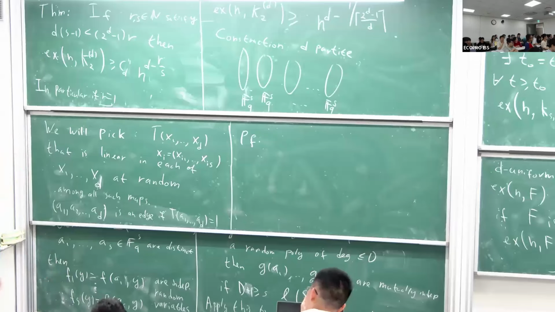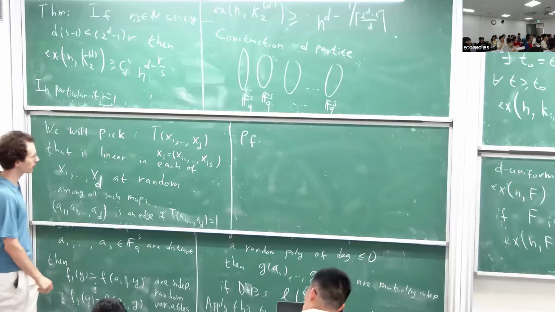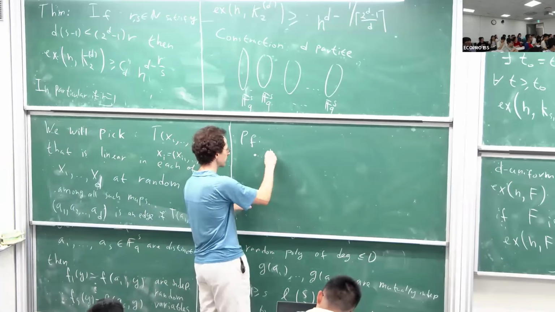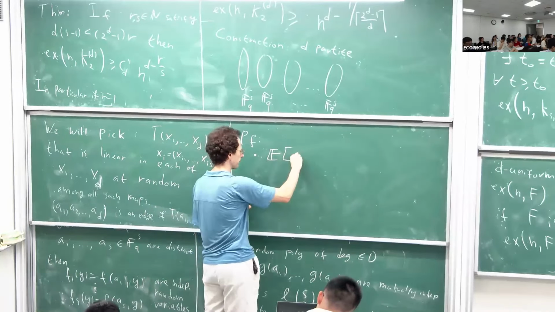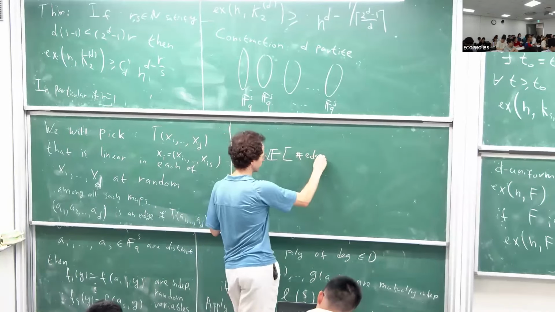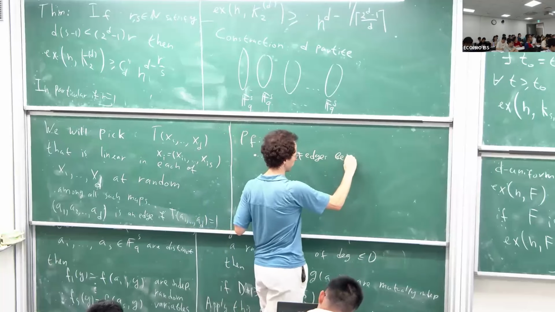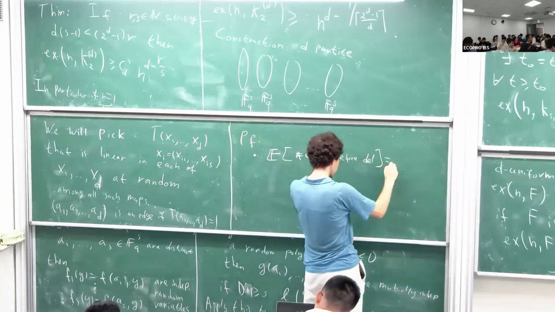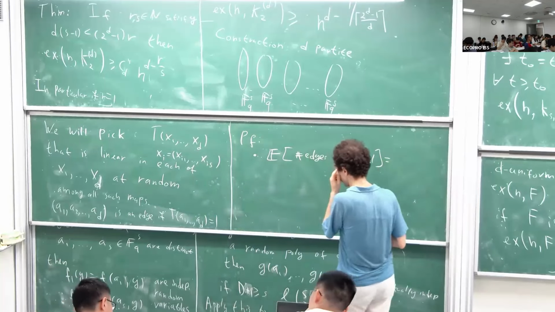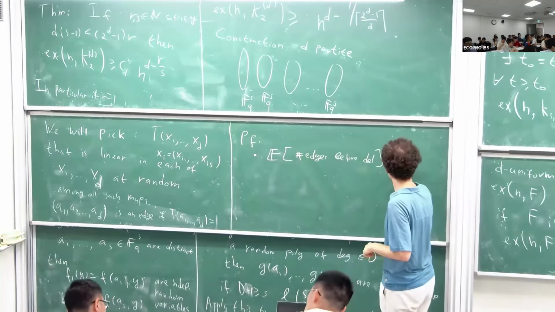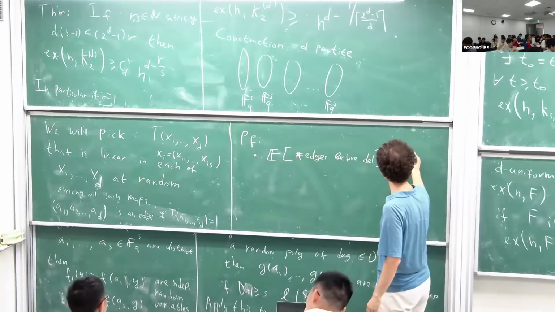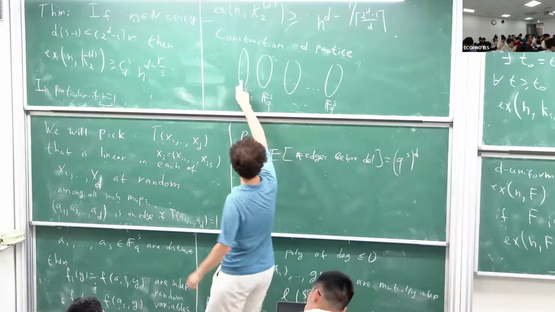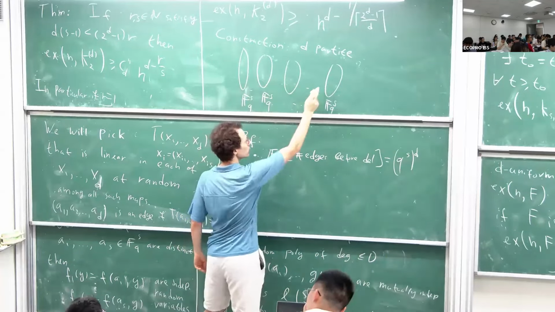So what will happen? The first step, the expected number of edges before deletion is exactly what you expect. Namely, there are going to be q to the s to the power d ways to choose one vertex from each, right?